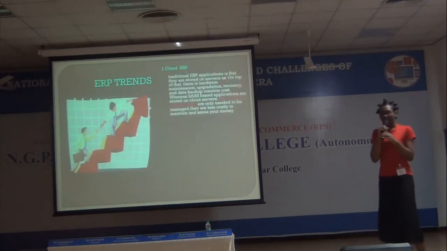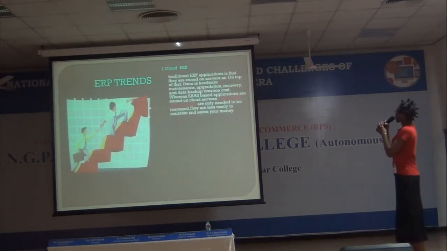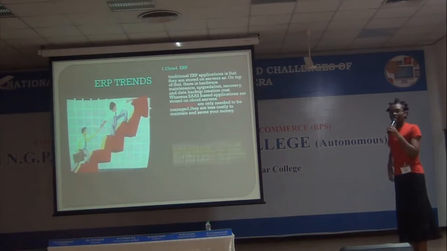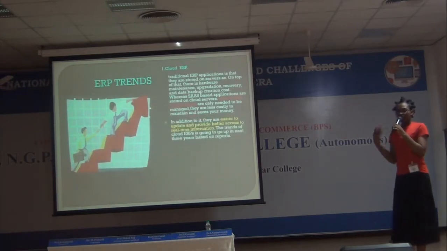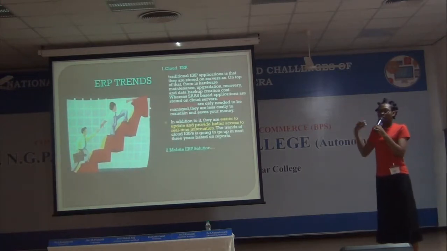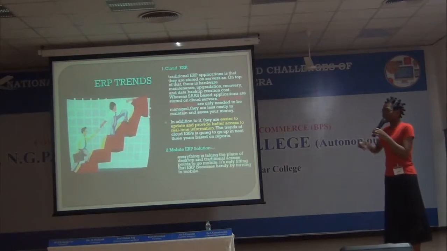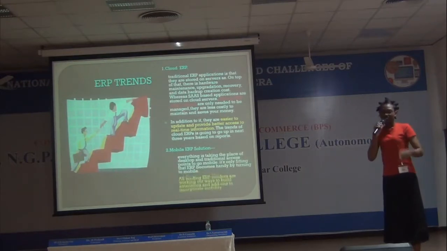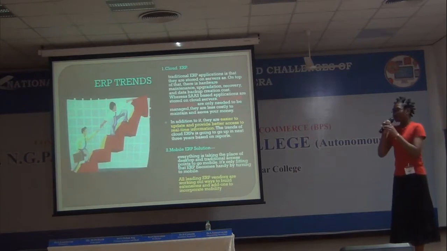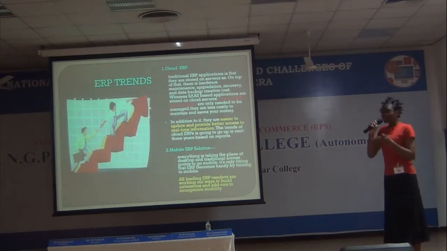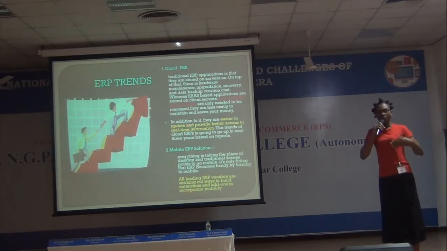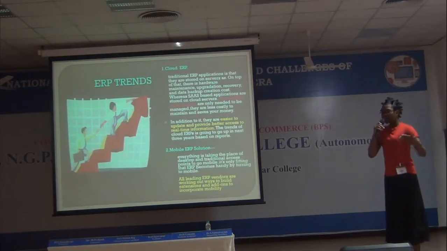We have the cloud ERP. Technology-wise, we know of companies working with their desktop, and there is a need to use hardware. But the recent trend is that vendors are trying to move away from hardware use.